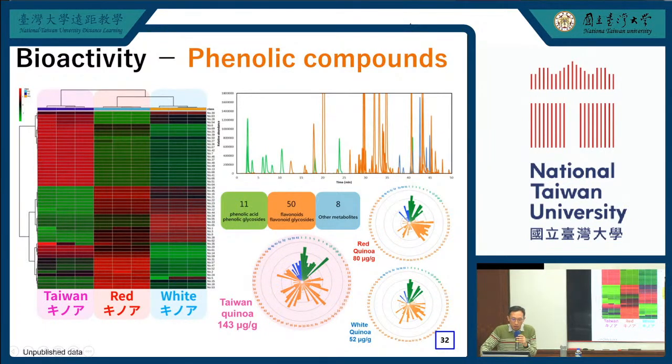So we find that the red quinoa and the white quinoa are close, but very different from the Julius. Again, I can use the phenolic compounds to identify which food is Julius and which is quinoa. Of course, we can measure the amount, but in this case the amount of each phenolic compound is not important. The total profile is more important.